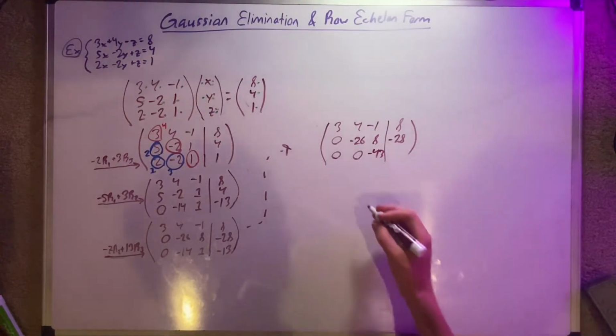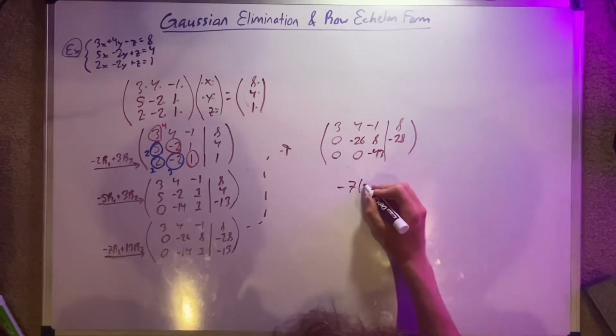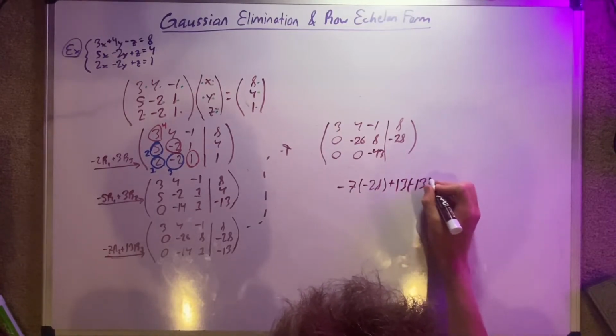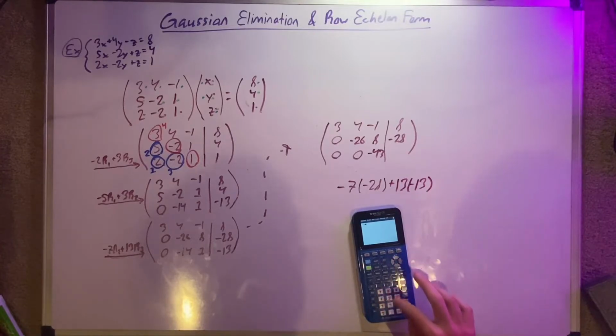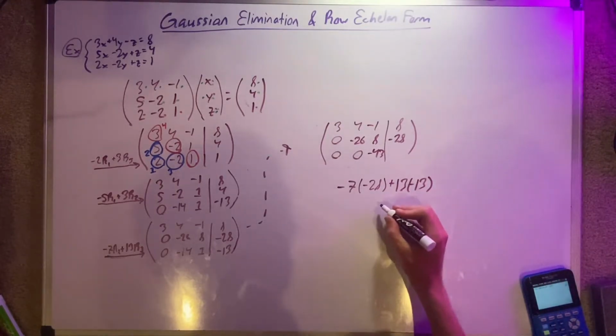And then we get negative 7 row 2 plus 13 row 3. Negative 7, negative 28 plus 13, negative 13. Please work. 27.